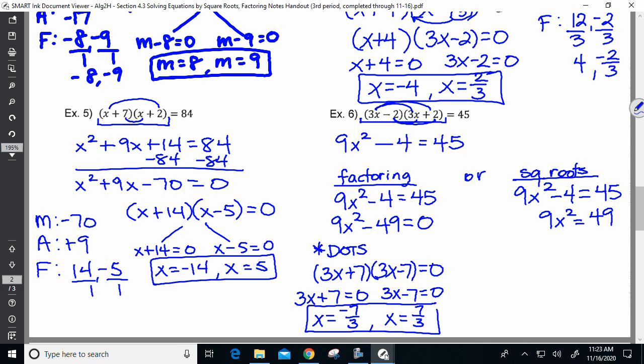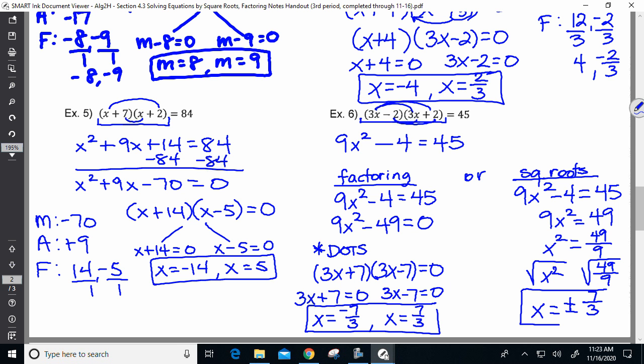Divide by 9, so x squared equals 49 over 9. Then you take the square root. So that leaves you x equals plus or minus 7 over 3, which is pretty much the same as negative 7 over 3, positive 7 over 3.